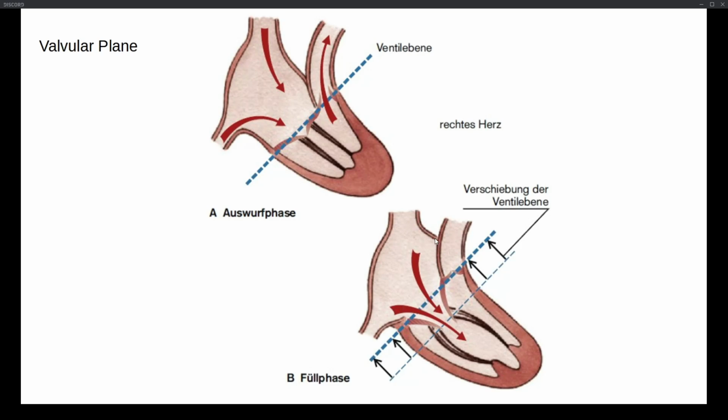And only after this, already in the diastole, your ventricle is filling up, and only after this, the atrium will contract itself and press a little bit of extra blood into the ventricle as well.